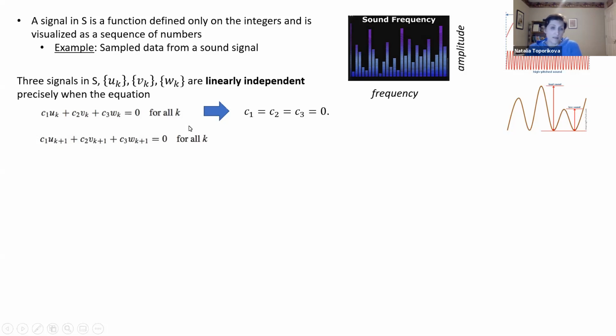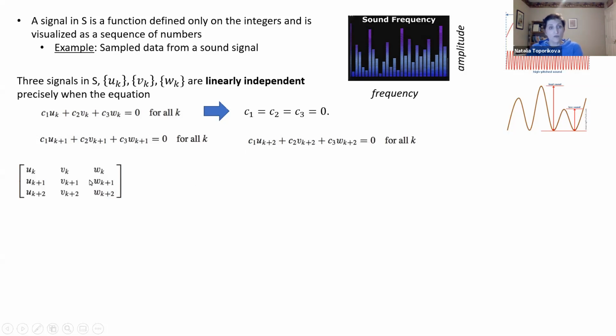And in the next second, our system should also be linearly independent. So the linear combination of our signals u, v, and w at time k plus 1 should also be equal to 0 only when all the c's equal 0. And we can write it down for 2 seconds, 3 seconds, as many seconds as we want.